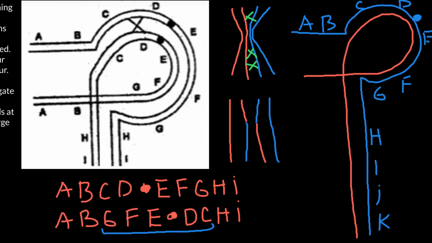And once again, here is the centromere of the other chromatid, and the order of genes would be A, B, then G, F, E, D, C, H, I, J, and K. So imagine now that crossing over happens anywhere within this region.